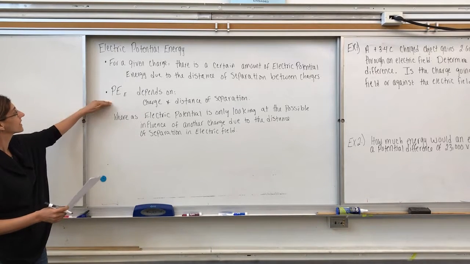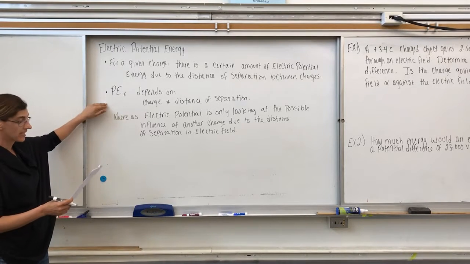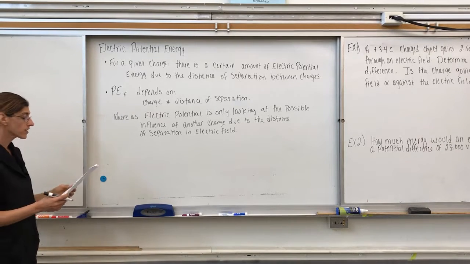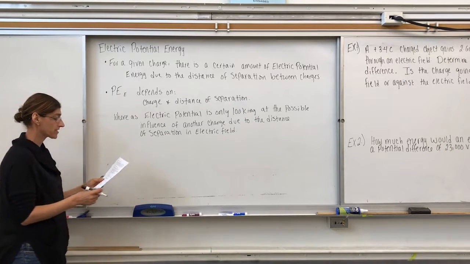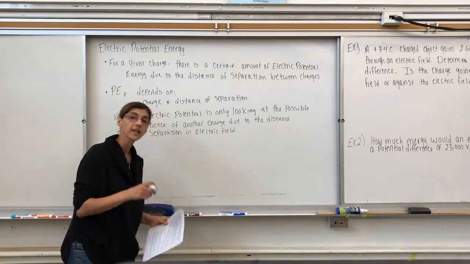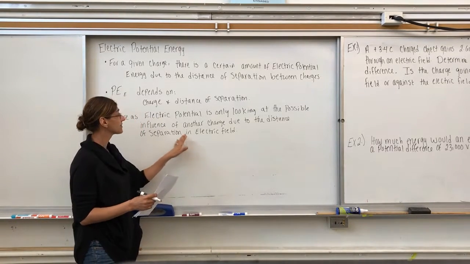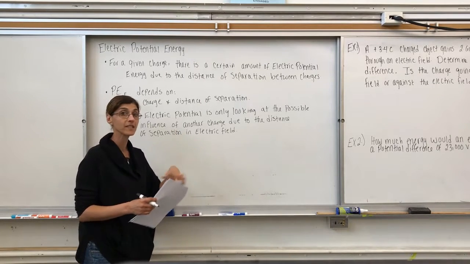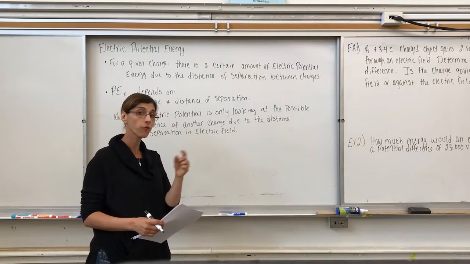Electric potential. Now we're looking at electric potential energy. Another way of defining electric potential is the amount of electric potential energy per charge. I'll say that again: another way of defining electric potential is the amount of electric potential energy for one charge.